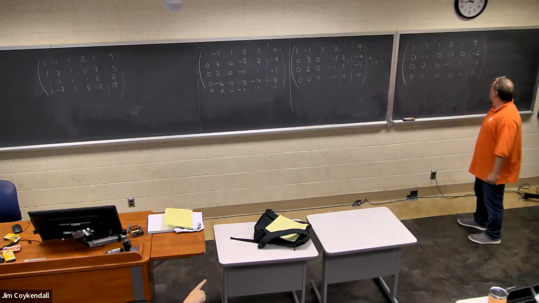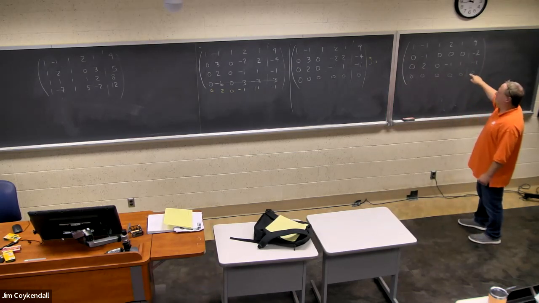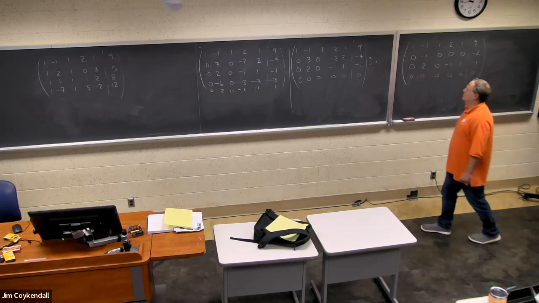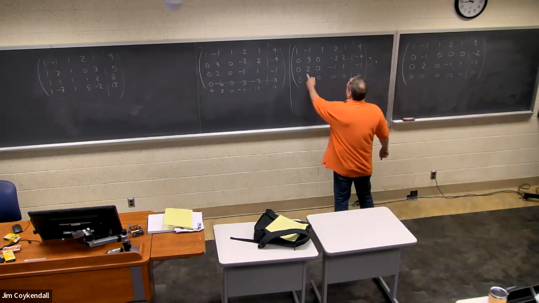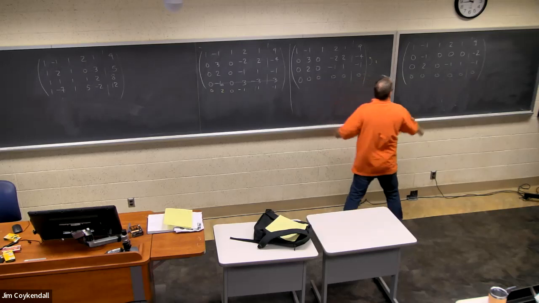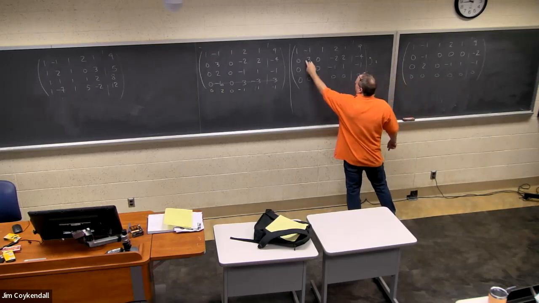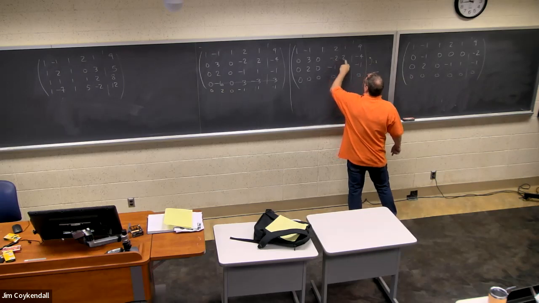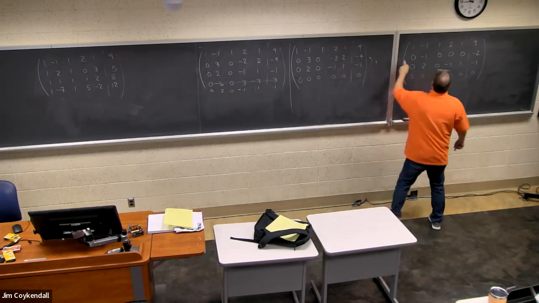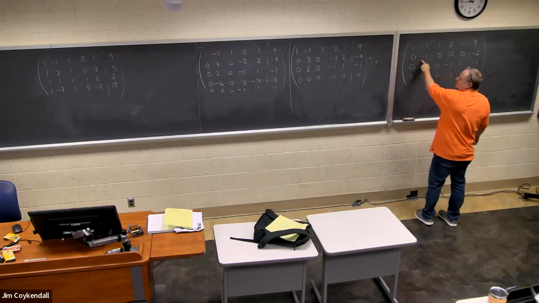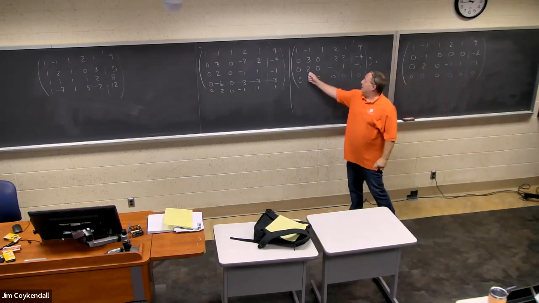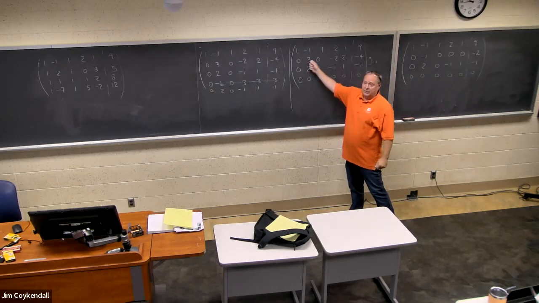Shouldn't the second row, second column be positive, not negative? No, I'm multiplying this by -2 and adding it here. So it's -4 plus 3. It's negative. Oh, okay.